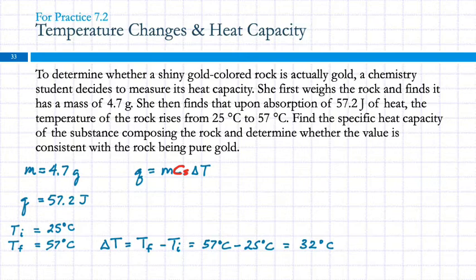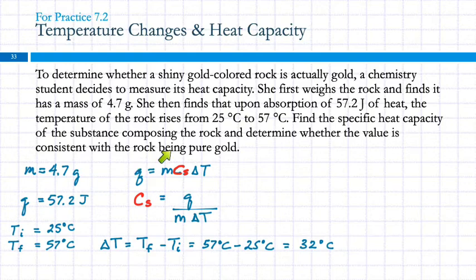So there's delta T. I highly recommend rearranging the equation before you put numbers in, and so we're going to get the specific heat capacity is equal to Q divided by the mass and divided by the change in temperature.